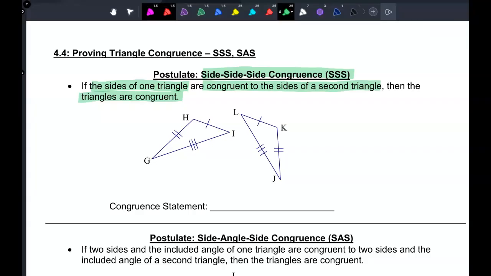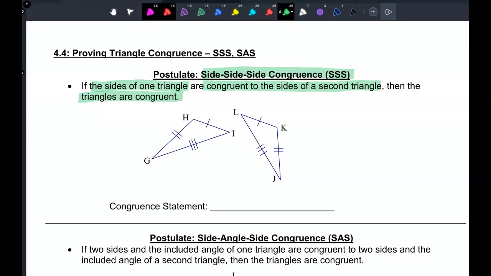If we don't know any angle measures, all 3 sides. If I had 3 segments of a particular size, and I had another 3 segments of the same sizes over here, when we put them together, no matter how we try, they'll always end up being identical triangles. So it's kind of nice. We just need to know the 3 sides.